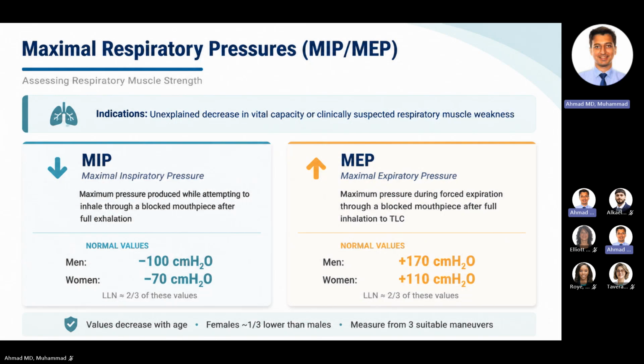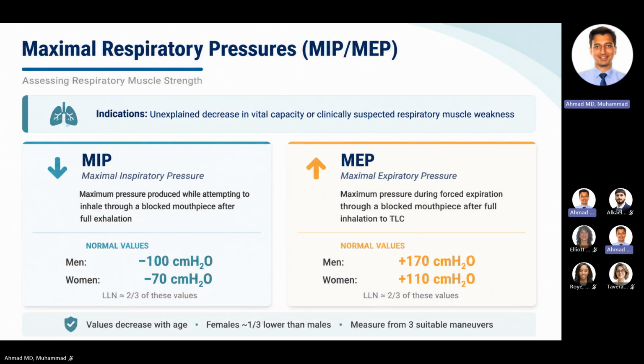Normal values for men is minus 100 centimeters of water and women is minus 70. And the lower limit of normal is two-thirds of these values. For the maximum expiratory pressure, it's the forced expiration through a blocked mouthpiece after full inhalation to total lung capacity. In men, it is 170 centimeters of water, and women 110, and the lower limit is two-thirds of these values.